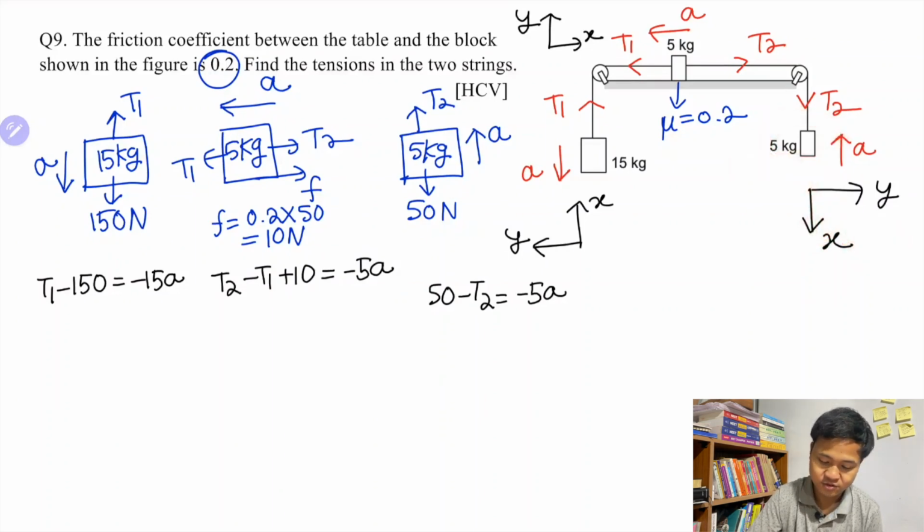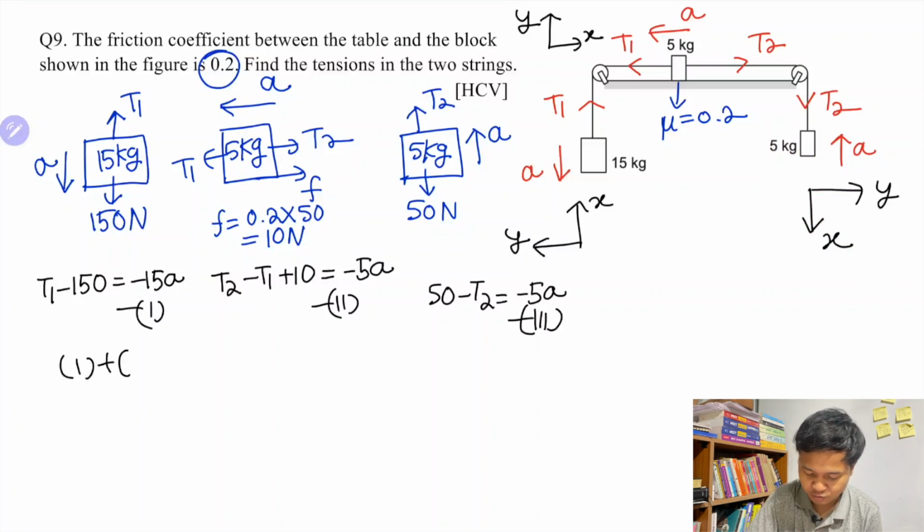So now you have equation number 1, equation number 2, equation number 3. You add all of these: equation 1 plus equation 2 plus equation 3. Plus T1 minus T1 is 0, they cancel out. T2 minus T2 cancel out. Put the remaining together.